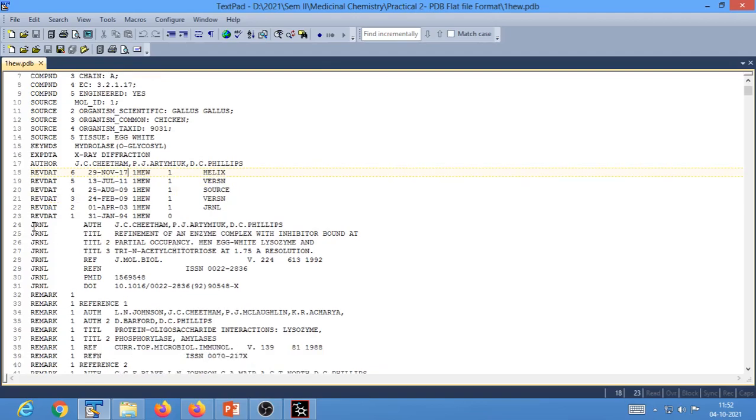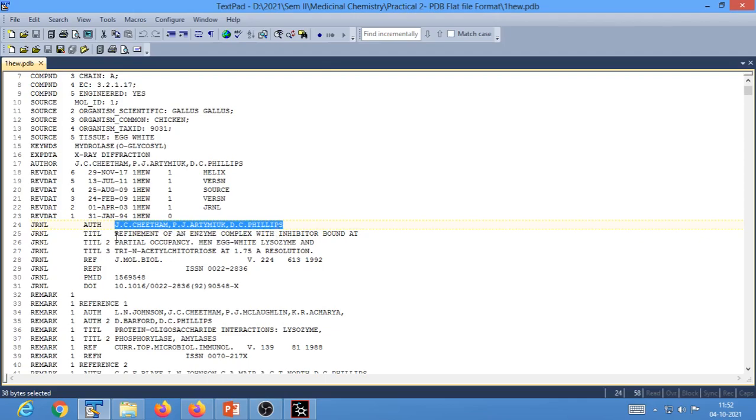Then the lines that begin with J, R, N and L will give you an idea where that model is published. The lines that begin with JRNL and then AUTHOR give you the list of authors where the model was published.